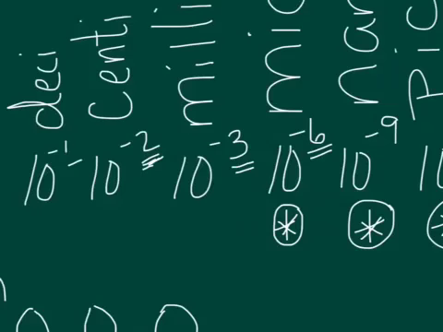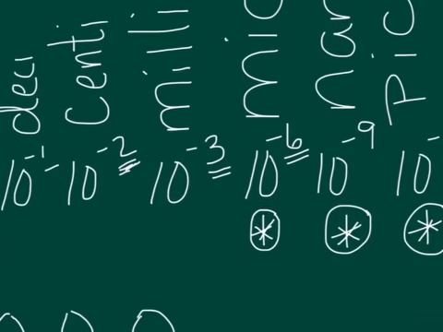If we're looking at the difference between milli and micro, there's actually 3 decimal places of difference between these two. So because there are 3 decimal place differences, then there must be 1,000 micros in a milli. So there's 1,000 micrometers in a millimeter.